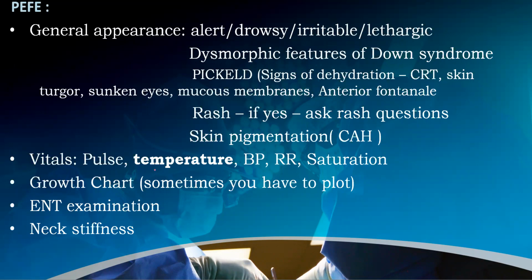In PEFE, you ask the examiner or invigilator if it is given at the moment. You'll start with the general appearance. Dear examiner, I would like to know the general appearance of my patient. Is he active, alert, or drowsy? Any dysmorphic features of Down syndrome? Ask about pallor. Mainly, the important thing you want to understand here is whether there is any sign of dehydration.